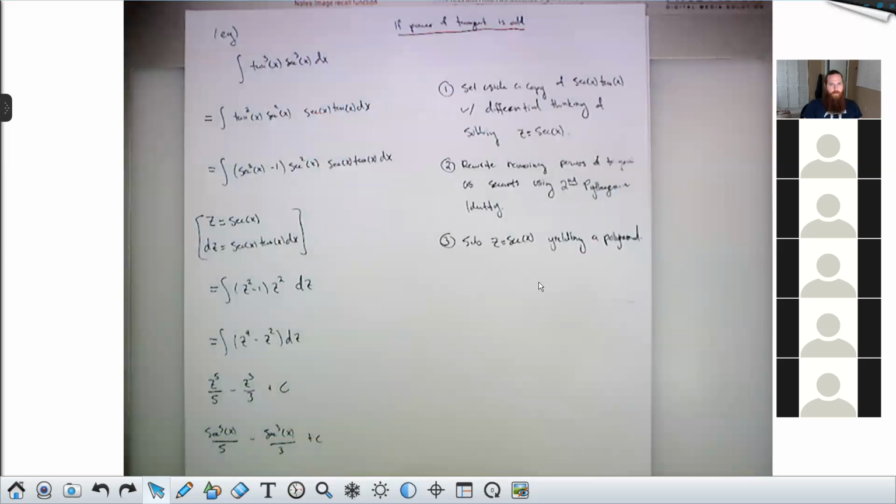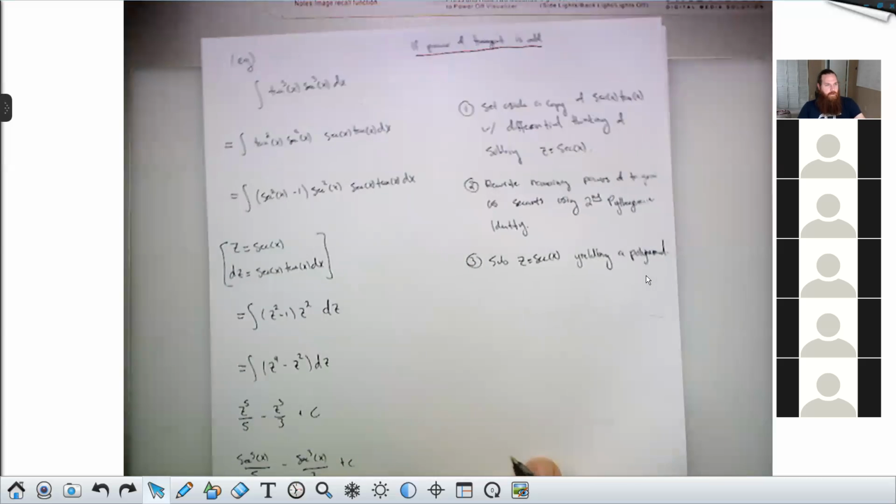Feeling good? Okay. Questions on the strategy for either of these gentler cases, where the power of tangent is odd or the power of secant is even? All right, then let's discuss the hard case.